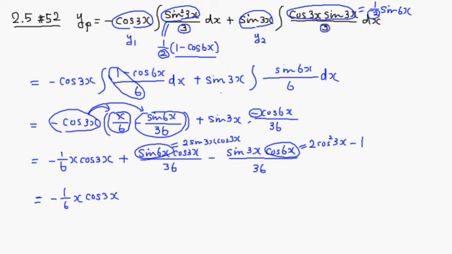You'll see it's a common denominator, which is nice, so you have 36 on the bottom.